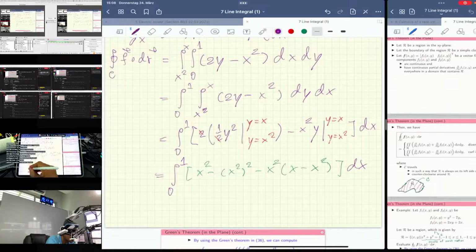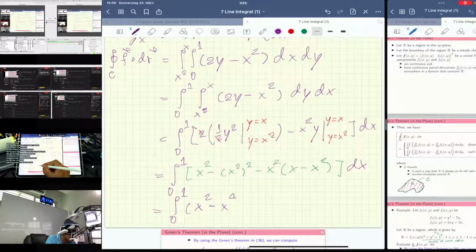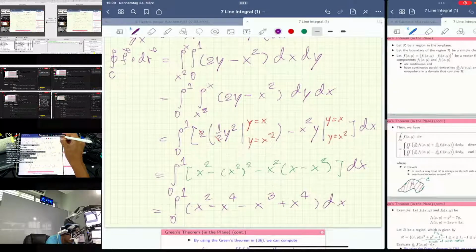All right, so you have here integration 0 to 1 of x squared minus x to the power 4, less x to the power 3 plus x to the power 4, closing parentheses.